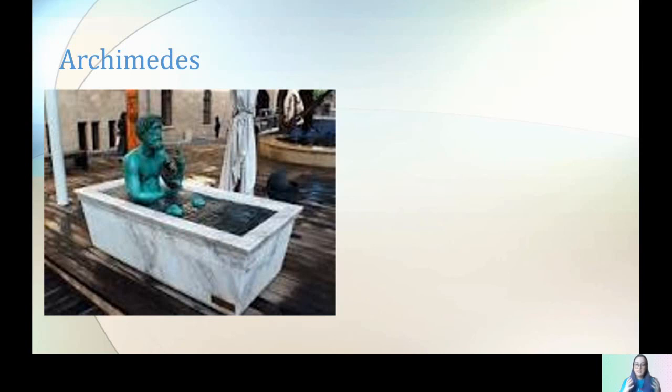So the idea is if he was able to calculate the density of the crown and it was the same as the amount of gold the king had given this person, then it was made of pure gold. But if the density was smaller, that means he mixed it with something else like silver, which is lighter than gold. And so it wasn't pure gold.